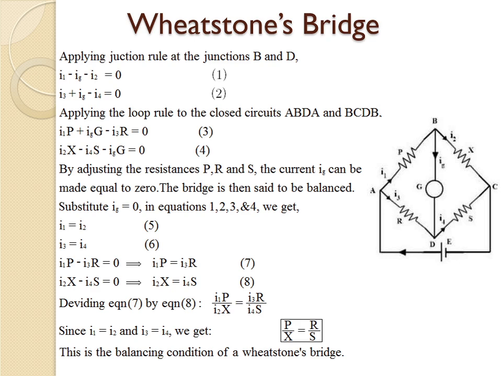In the figure you can see there are 4 resistors, out of which P, R and S are the 3 resistance boxes whose values of resistance we know, and X is the unknown resistance whose value has to be determined. A cell of EMF is connected between A and C, and a galvanometer is connected between B and D. That is the circuit diagram.